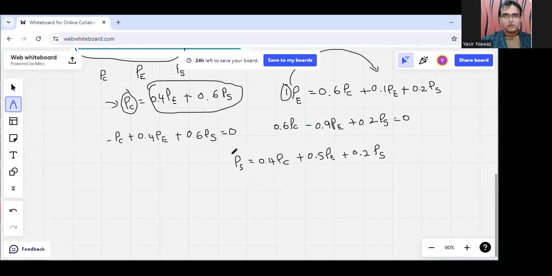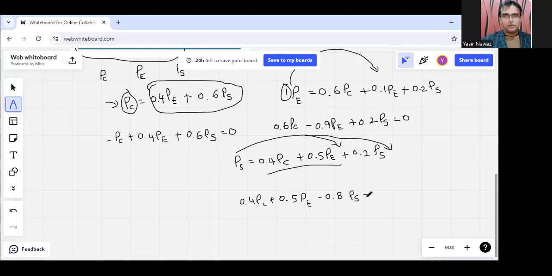Now if I bring PS over to the other side, first I write 0.4 PC, and then I write 0.5 PE, the output of the electric sector, same as it is, and then 0.2 minus 1, that would be minus 0.8 PS.